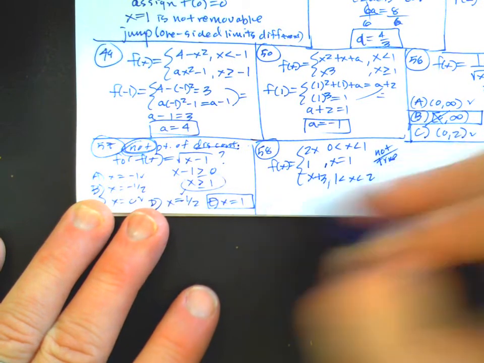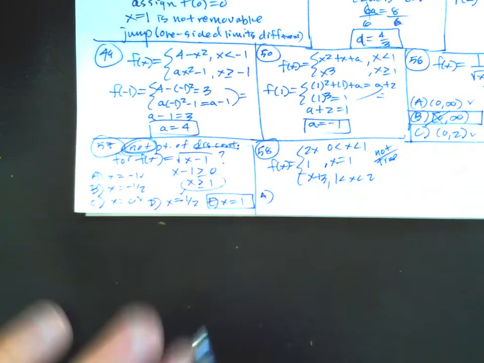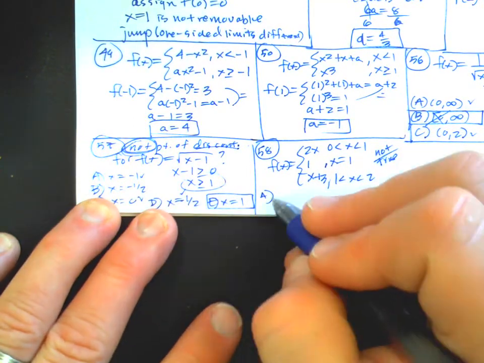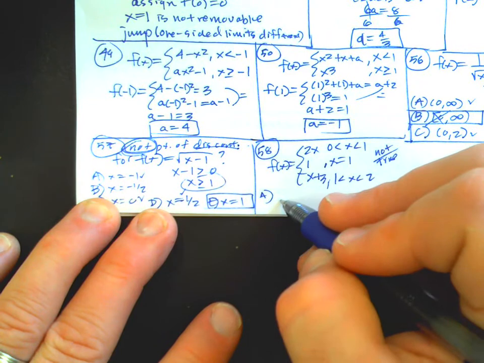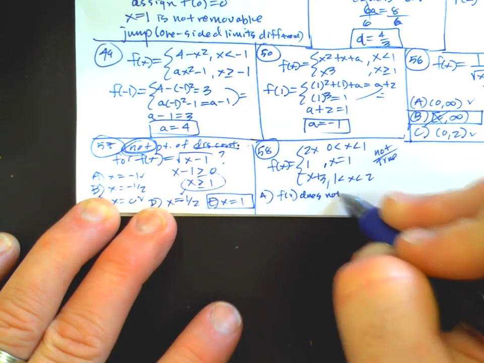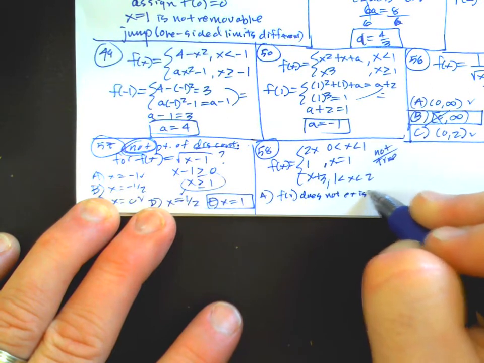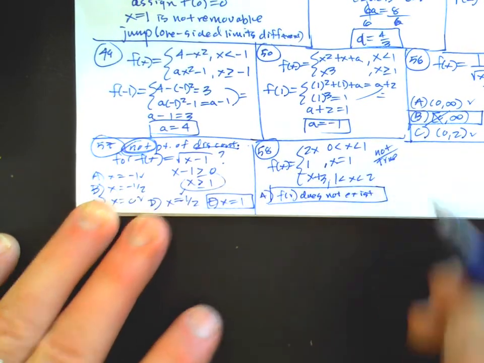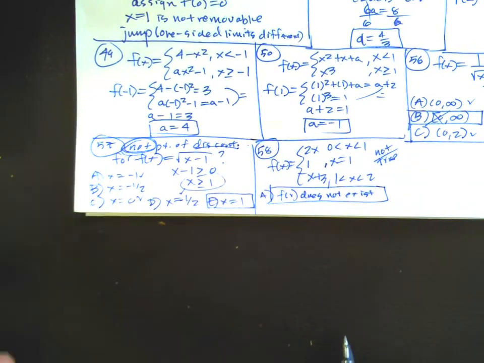A says f of 1 does not exist. Well, that's not true. It exists. It might not be continuous. It might be a jump or something like that.